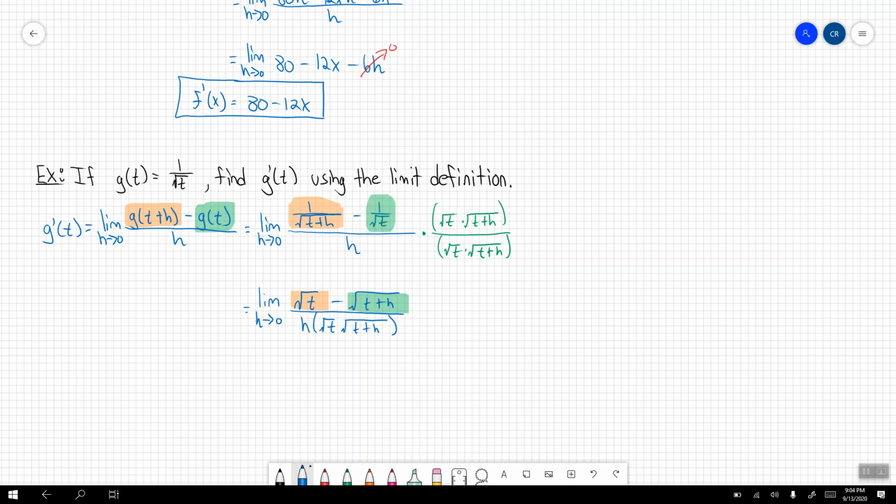Instead, we want to rationalize the numerator. I'm going to multiply by its conjugate, square root of t plus square root of t plus h, both numerator and denominator.